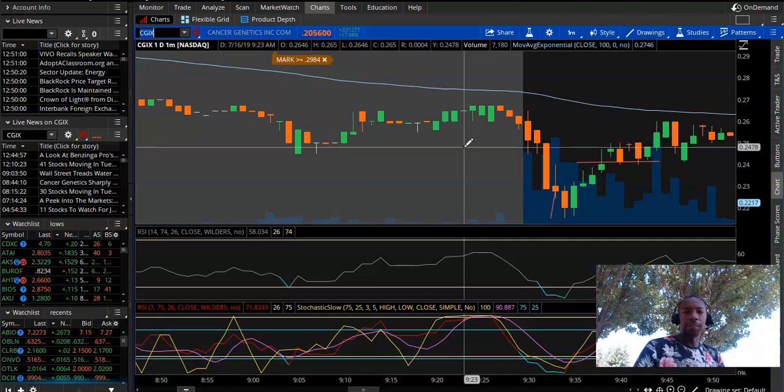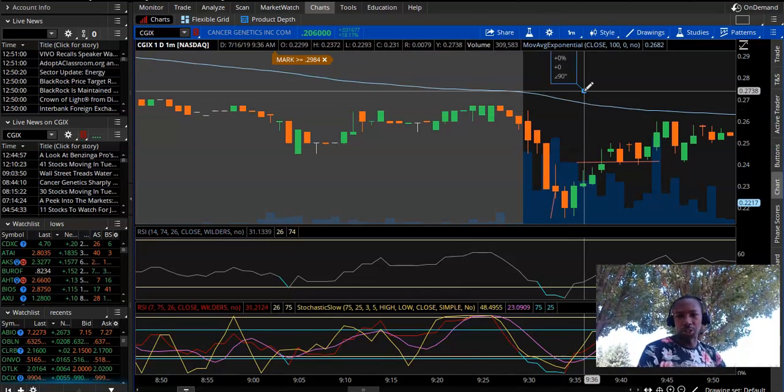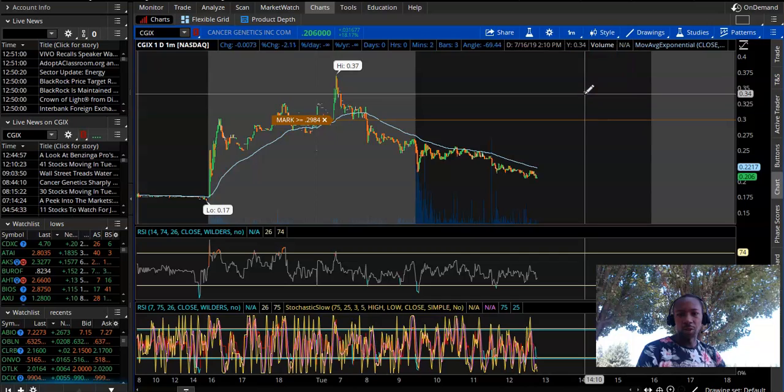Take a screenshot after you sell, see if the price continued up, see what you could have done better. A lot of people just trade and then they don't have any records of what past history they're doing or what past mistakes they're making, so they don't have anything to look back on during the weekend. They're just going back and looking at charts, but they're not looking at the real-time data.